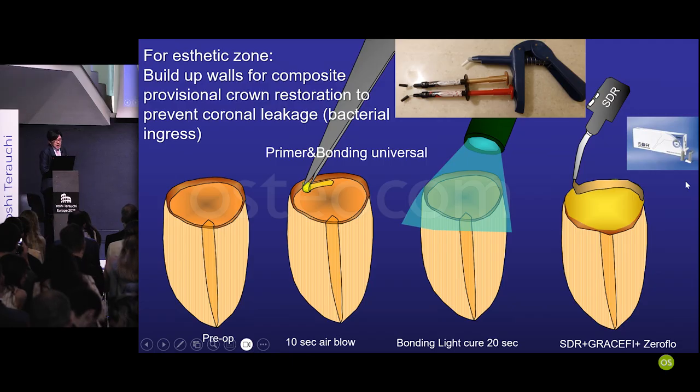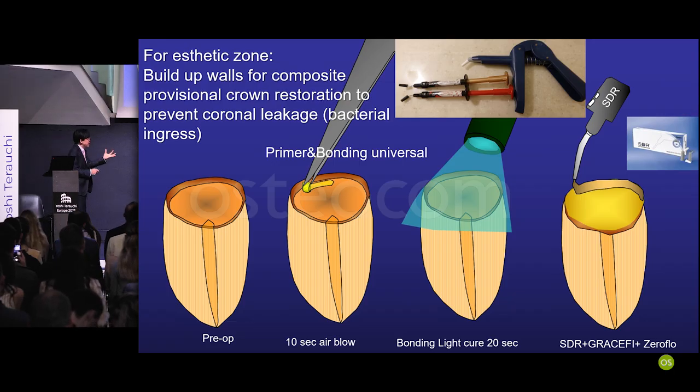So for example, I never use removable composite restorations. I never use removable temporary coronal restorations because it allows leakage, coronal leakage. So what I do in a normal situation is, after removing caries, I use Prime&Bond Universal.